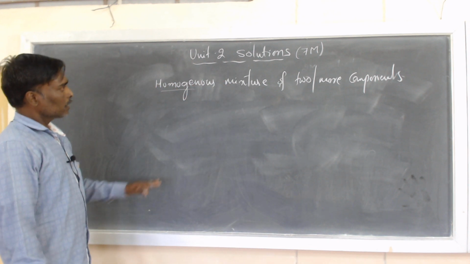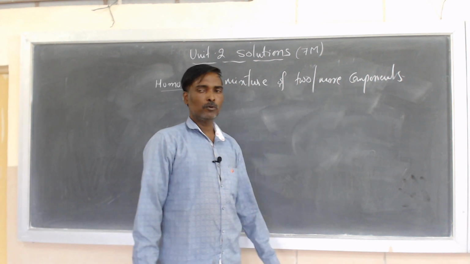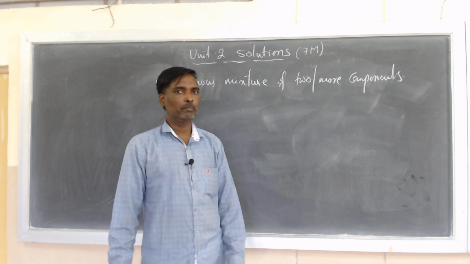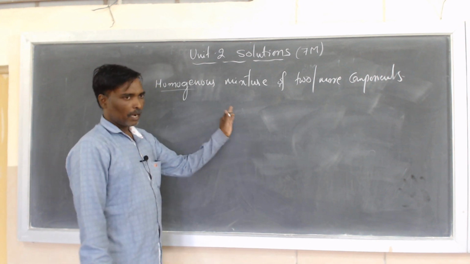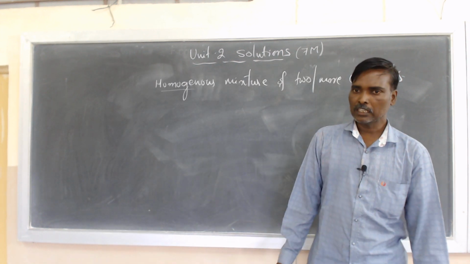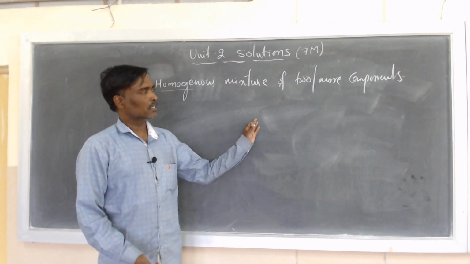Here, the components I am talking about: a mixture of two or more components. If two components mix together and form a solution, we call it a binary solution. If three components are mixed, it is ternary. If four components, it is quaternary. Like that, we define the type of solution.